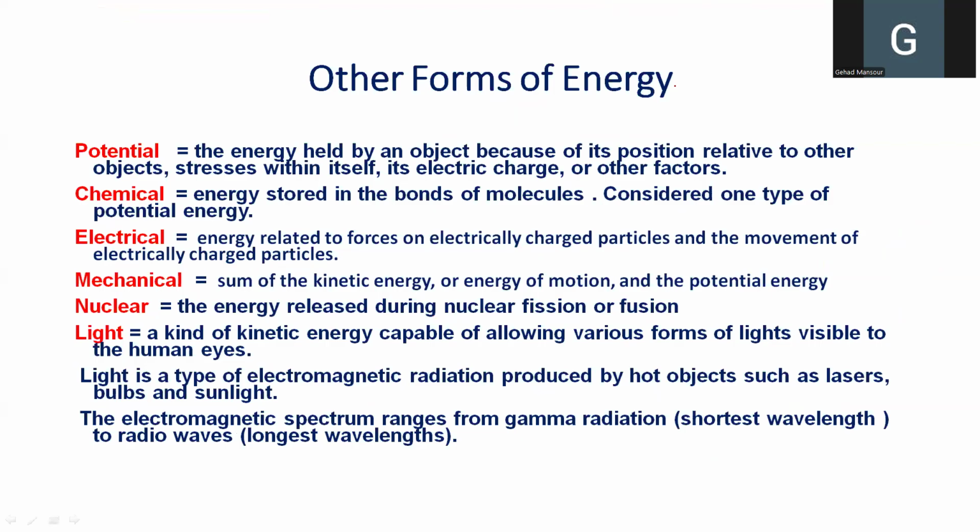So we have the thermal energy, and we have the potential energy that we have discussed before, which is the energy stored in an object or held by an object because of its position relative to other objects or relative to the ground, or due to stresses within itself. For example, when you have a helix like this, and this is the neutral position of the helix.